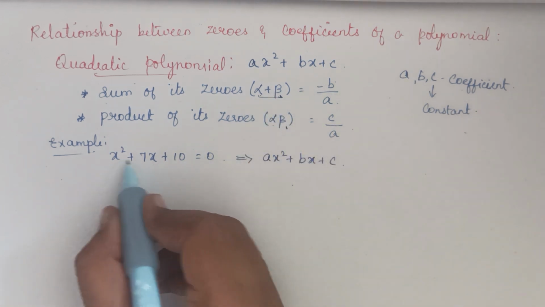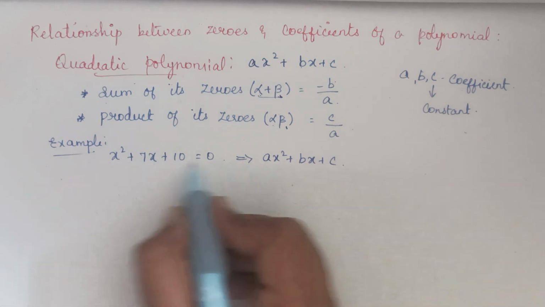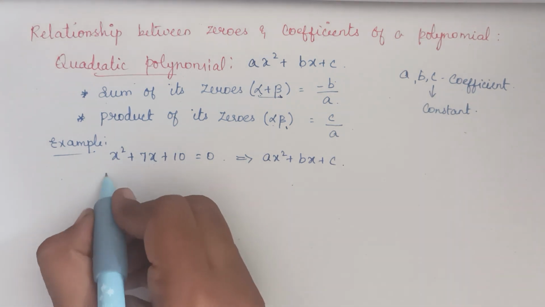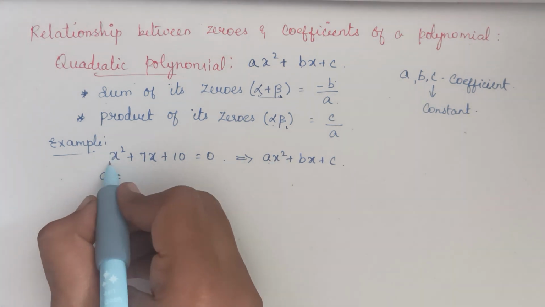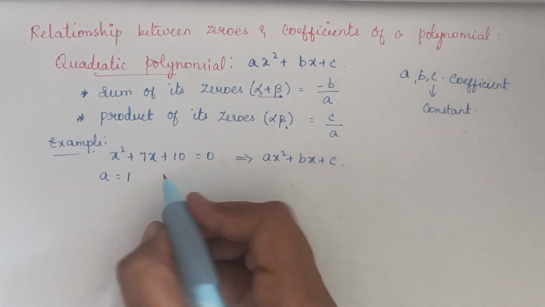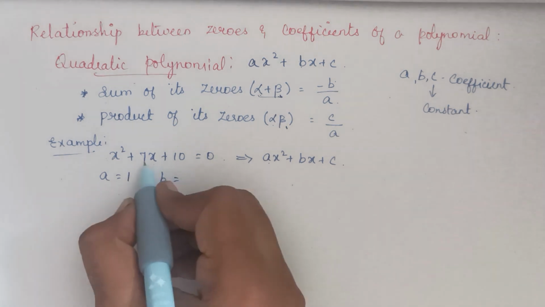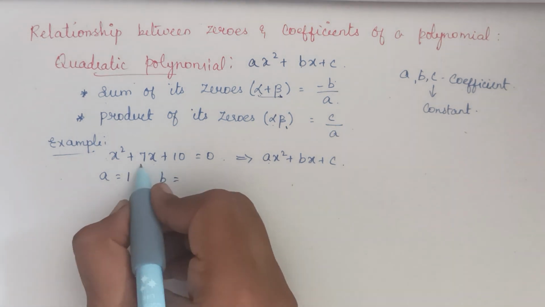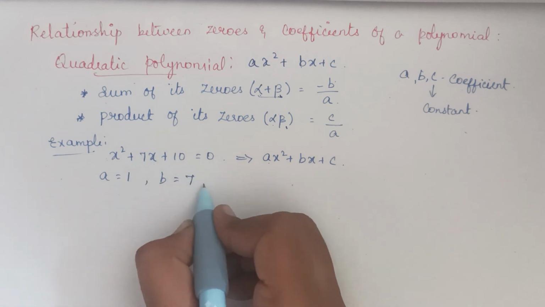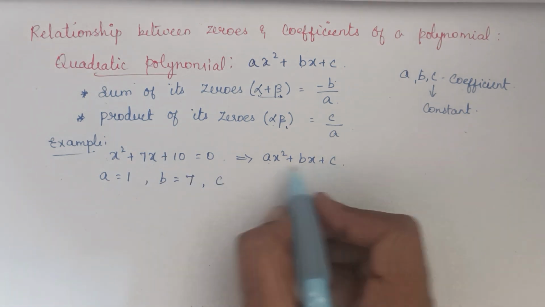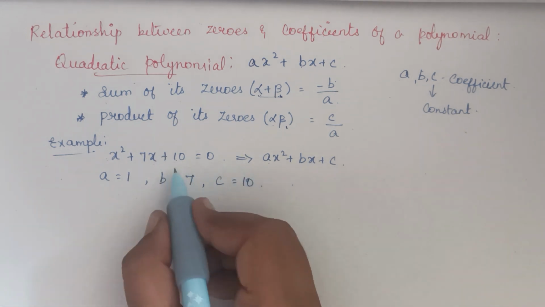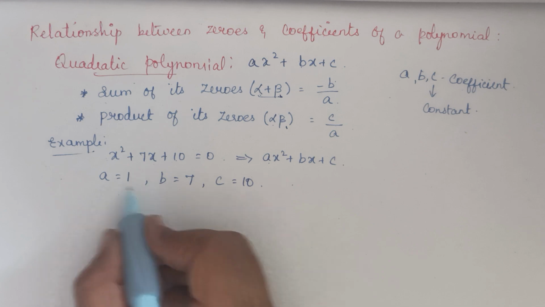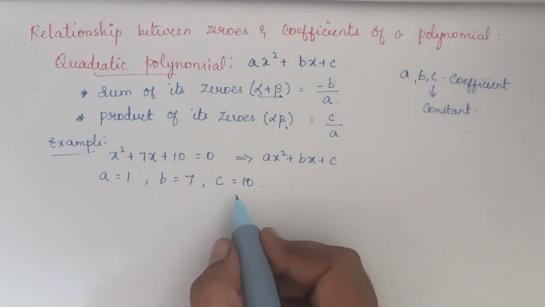So when you compare these two equations, we can find out the values. a is near to x square, so the coefficient of x square is 1. So a is equal to 1 and b is the coefficient of x, which is 7, and c is the constant term, so c is equal to 10. So from comparing these two equations, we find the values of a, b and c.